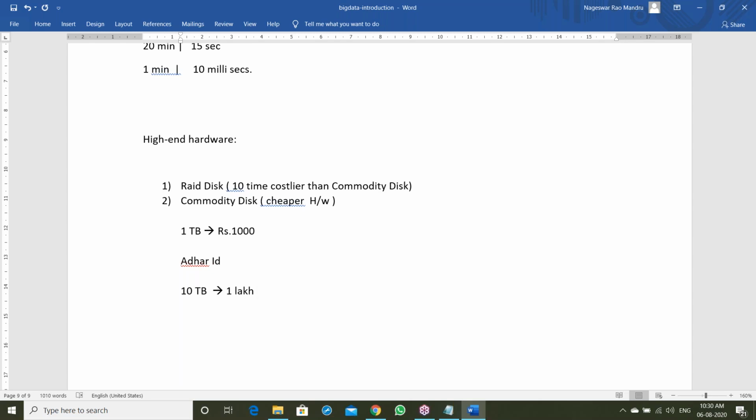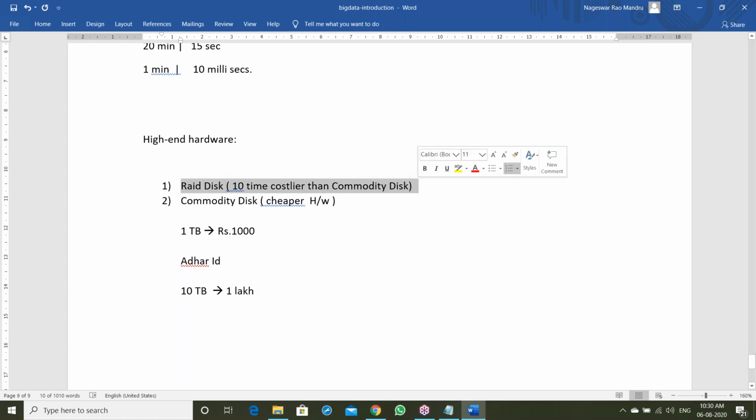Suppose we get big data, we need more space, right? Not 10 TB, maybe 10 petabytes of space is required. That much disk is costly, high end. If data is more, we should go for high end. If using high-end hardware and RAID disk, what happens?